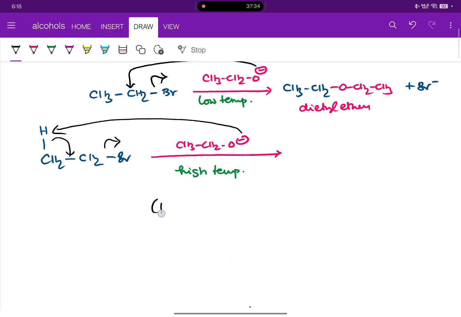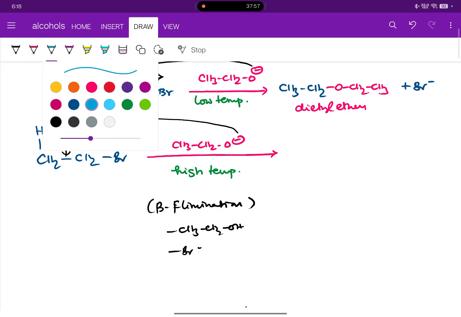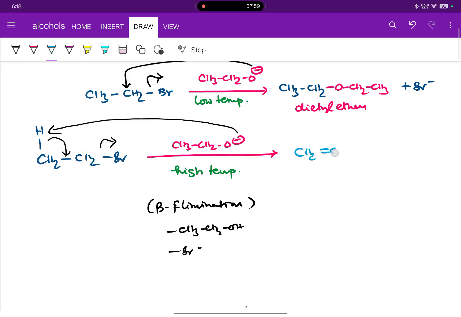So this is called beta elimination. So what will happen? H plus goes out as ethanol, and Br minus leaves. So what will you get as the final product? CH2 double bond CH2. You'll get an alkene.